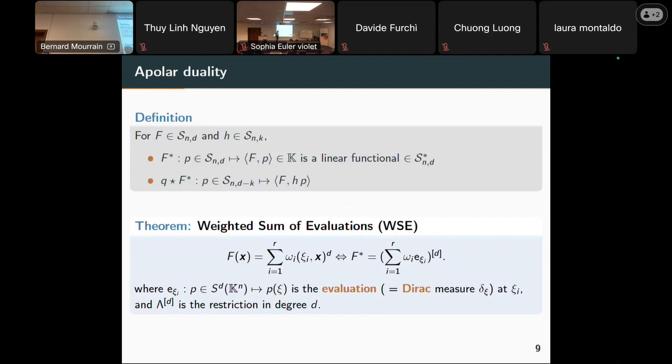If we use the language of measures, this is also called the Dirac measure. We will see the connection with measures soon. It corresponds to the Dirac measure at the point.